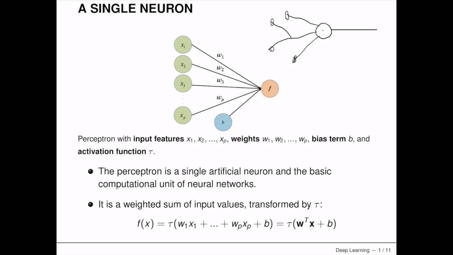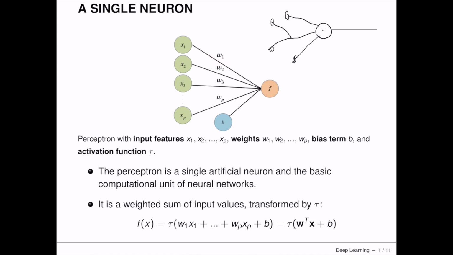An artificial neuron now is a very simple model of such a biological neuron. It consists of input features, shown here in green, which correspond to the connected neurons. So here we have P input features. Then we have connections to the cell F, and each connection has a weight.